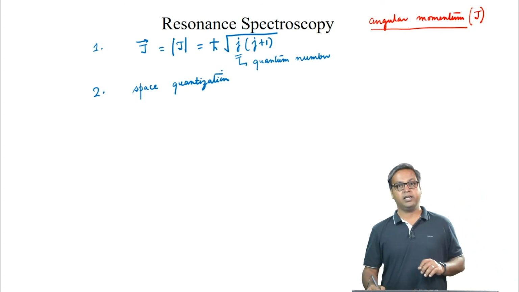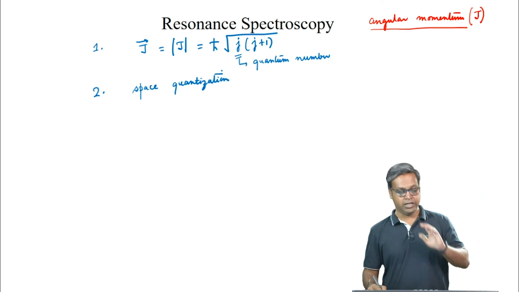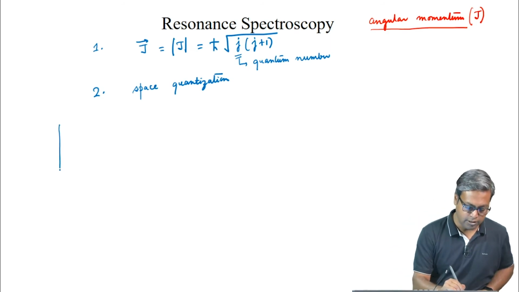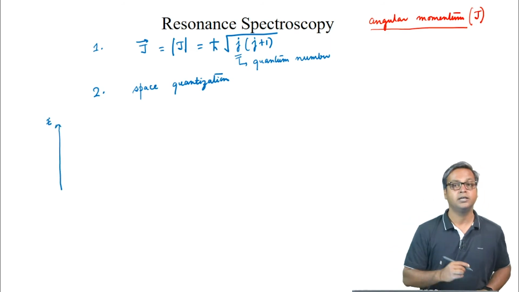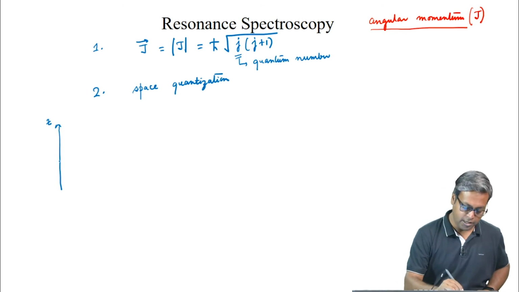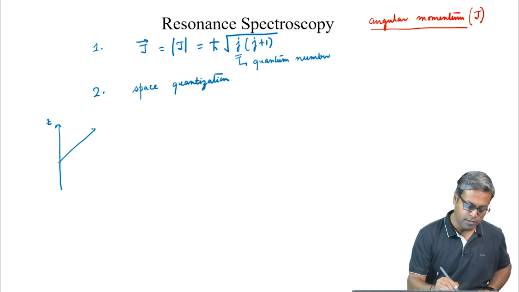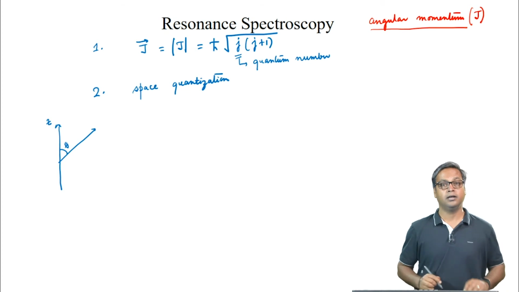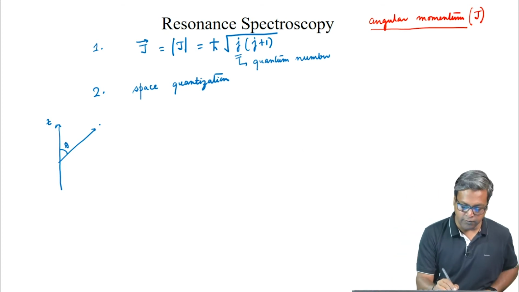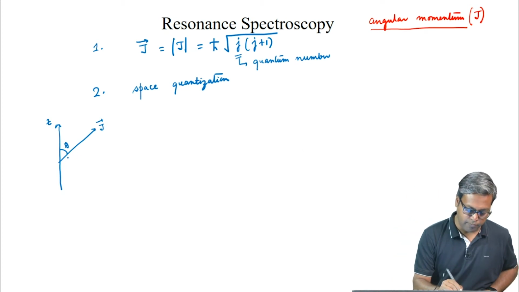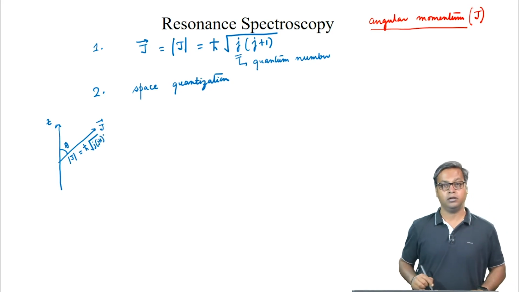Let us say this is our z axis, and the vector j makes an angle theta with the z axis. This is our vector j, and the magnitude of j equals h cross root over j times j plus 1.